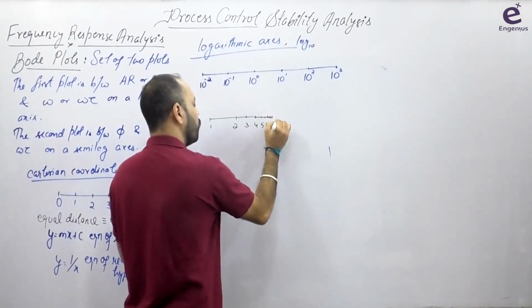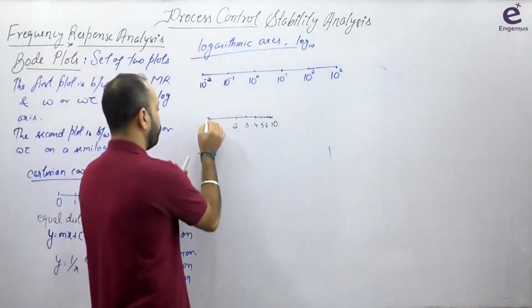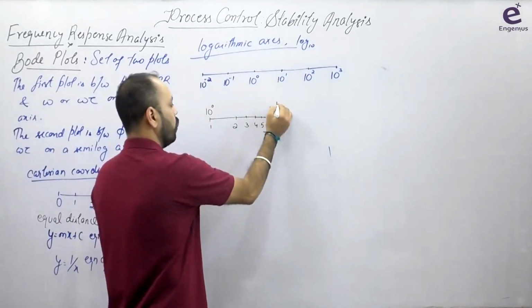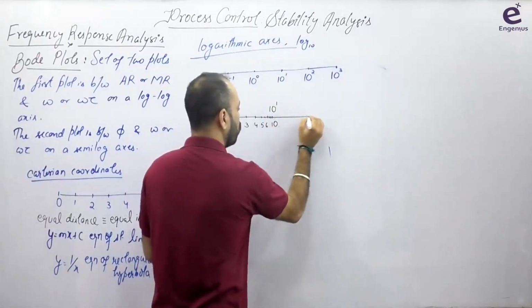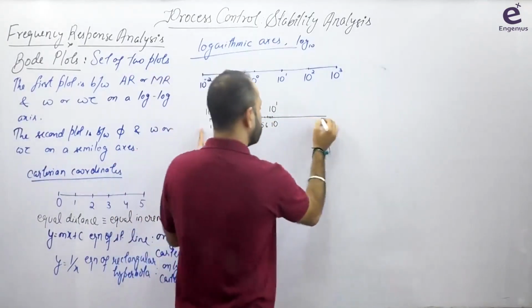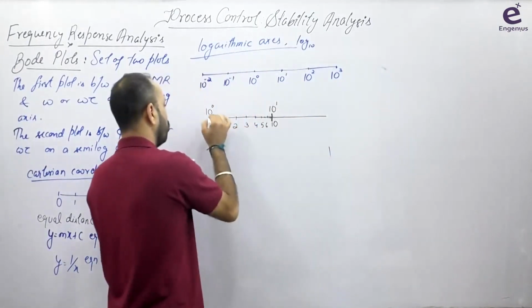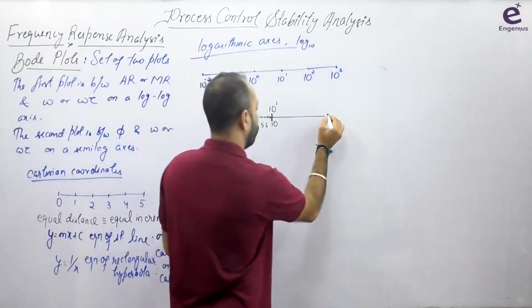This is 10. So on the logarithmic axis, this is the scenario I have. This is 10 raised to the power 0. I'm trying to make this 10 raised to the power 1. And then again, suppose I'm taking the same distance. Let me make a bigger one here for your understanding. This is 10 raised to the power 0, 10 raised to the power 1, 10 raised to the power 2.